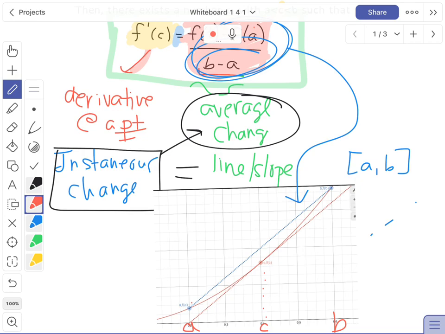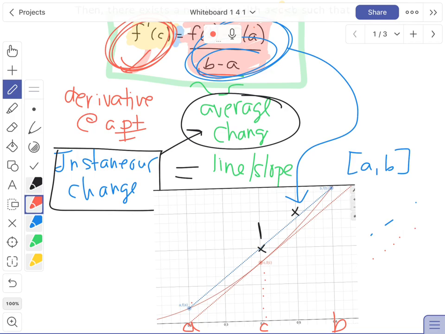And we can see that the instantaneous change, the derivative at that point, which is a dotted red line, is the exact same value as the blue line. So if I just put a number to it just for the sake of it, let's say that the slope of this dotted line is just about 1, right, from here to there, almost 1.